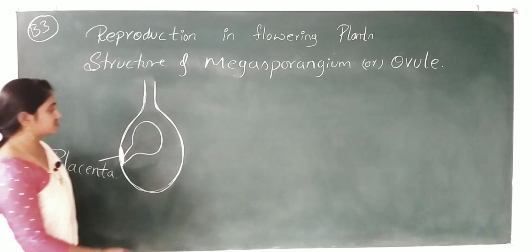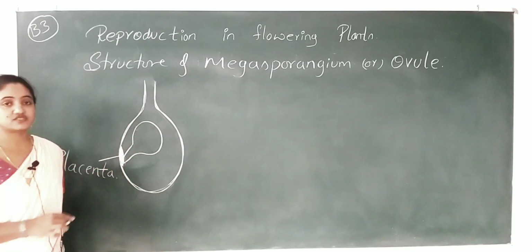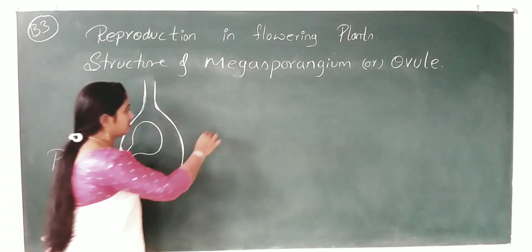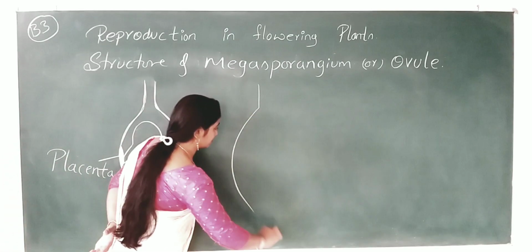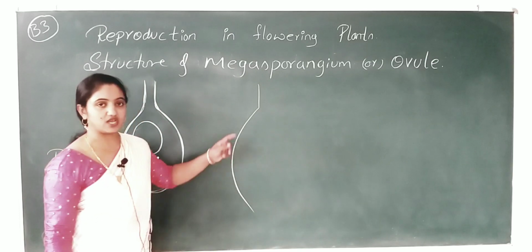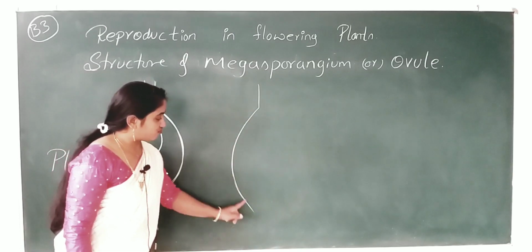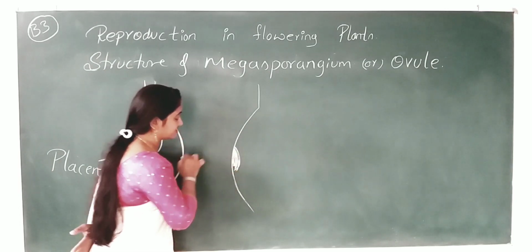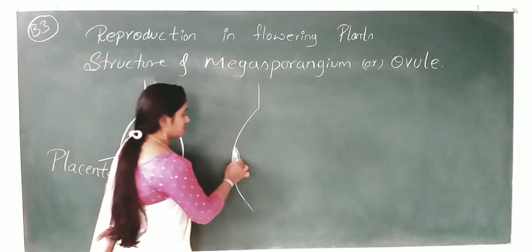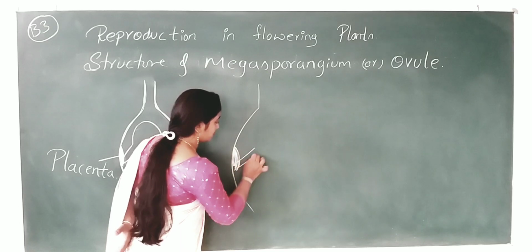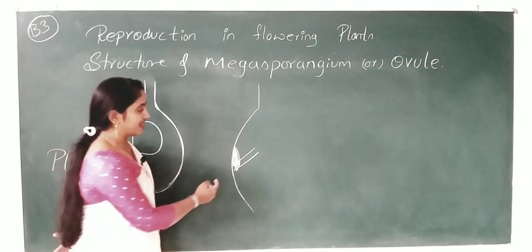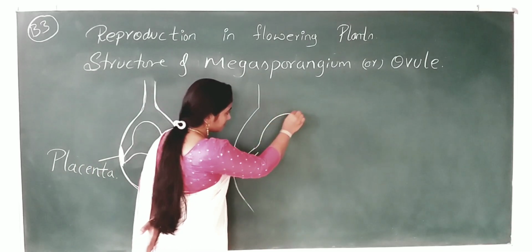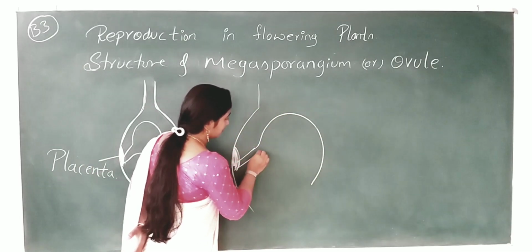Now we are going to study the actual structure of the ovule. I will redraw it, taking only a part of the ovary. I draw the ovary wall and the cushion-like placenta here. The ovule is connected by a stalk, followed by a body.